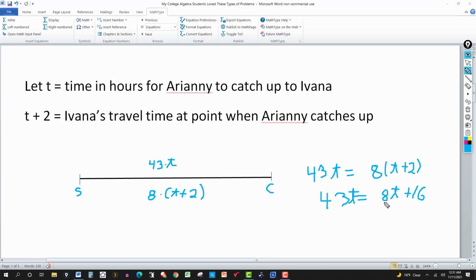So I subtract 8t from both sides here to isolate the variable. So subtract 8t here, or I can say add a negative 8t, either way. Negative 8t here. So that would give me then on this side 35t.